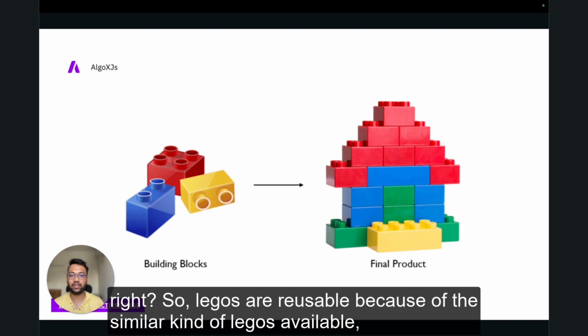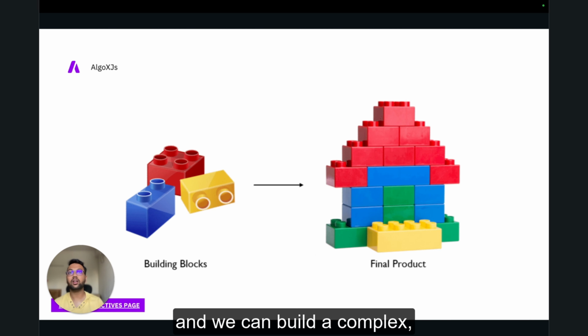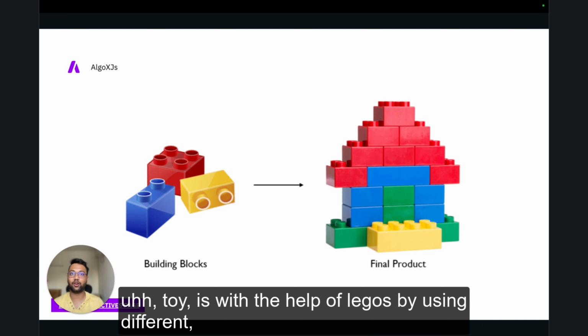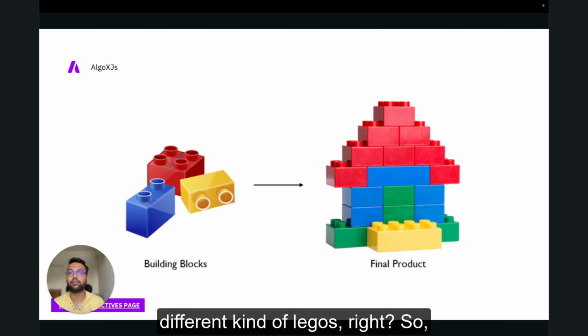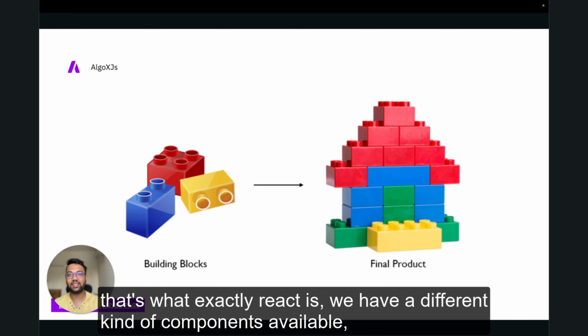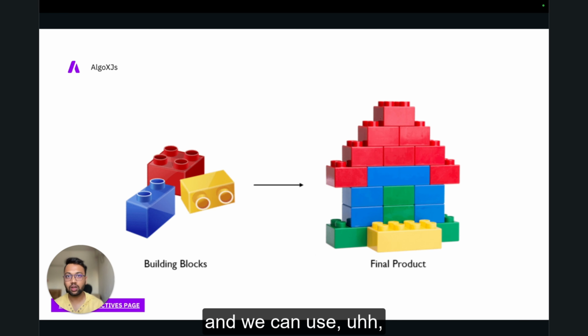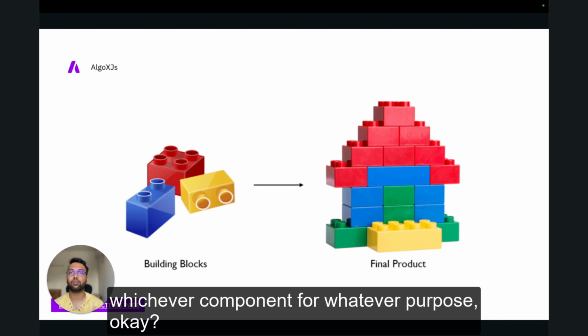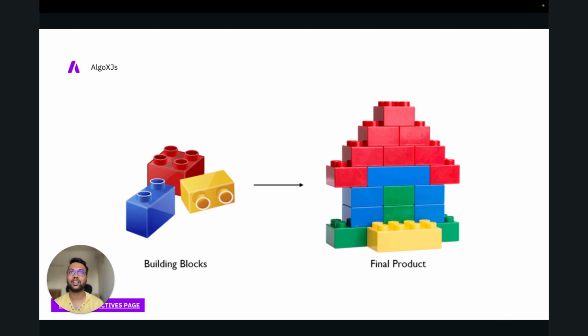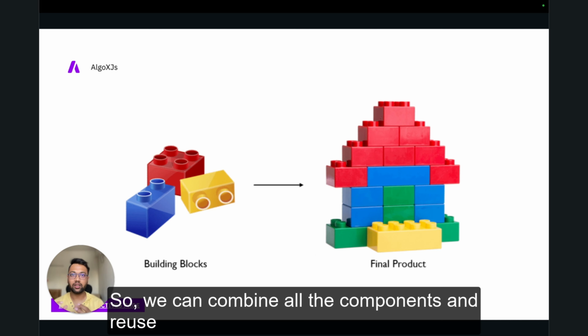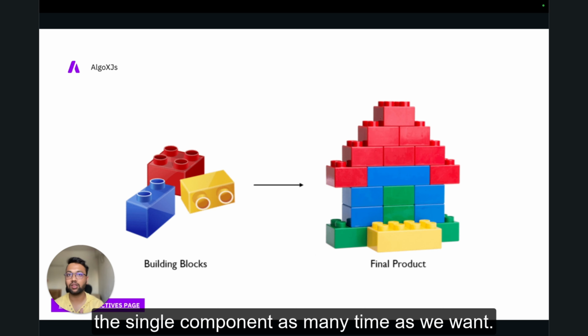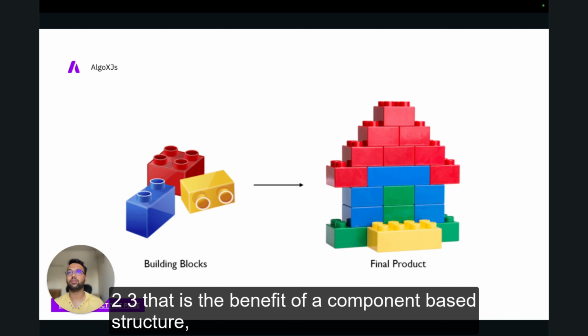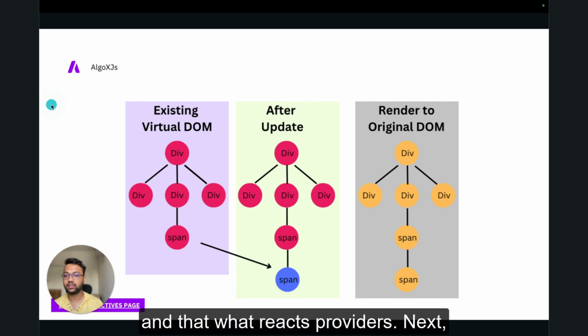Legos are reusable because of the similar kinds available, and we can build complex toys by using different kinds of Legos. That's exactly what React is. We have different kinds of components available, and we can use whichever component for whatever purpose. We can combine all the components and reuse a single component as many times as we want. That is the benefit of a component based structure, and that's what React provides us.